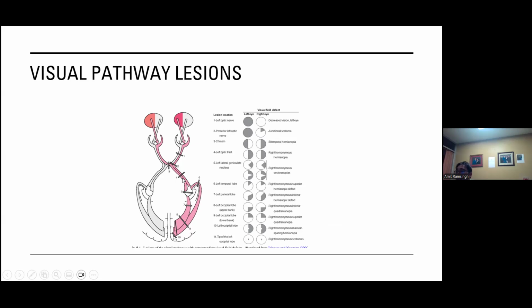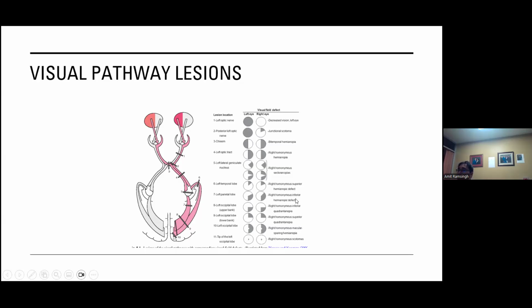what we have is the retrochiasmic lesions, so of the optic tract. One way to think of it is that the more posteriorly you go, closer to the primary visual cortex, oftentimes the more congruous the lesion becomes. So if we have a lesion at 7, which is part of the optic tract going to the left parietal lobe, we have a corresponding right contralateral inferior hemianopic defect.